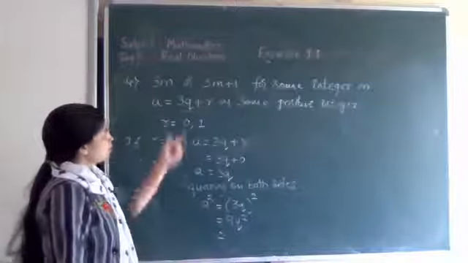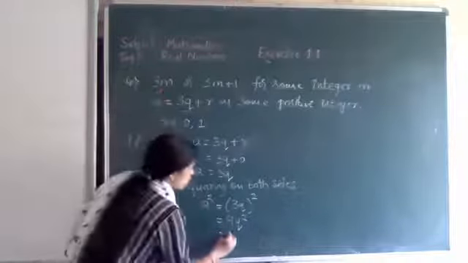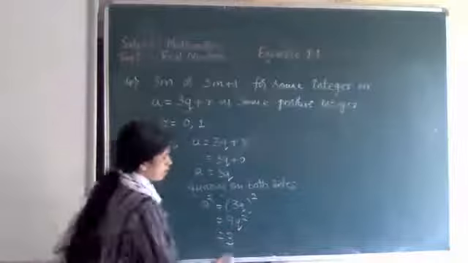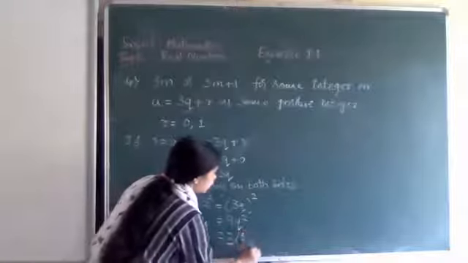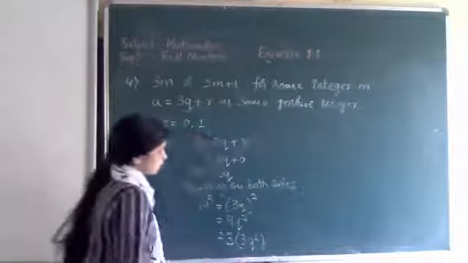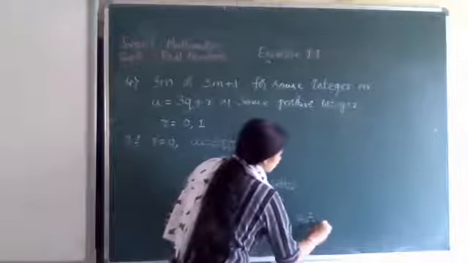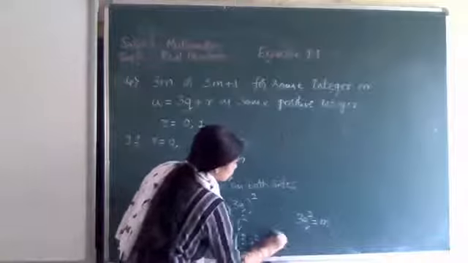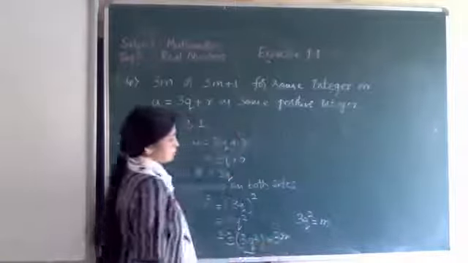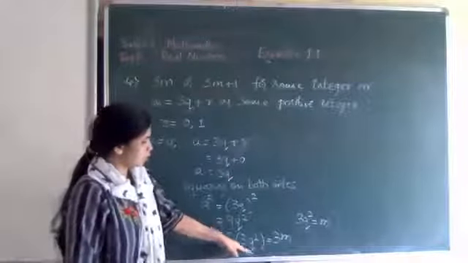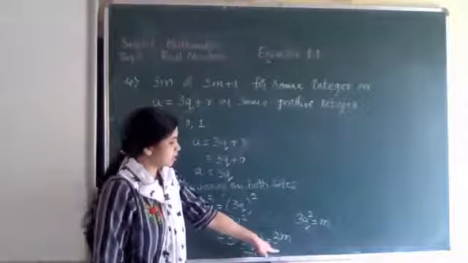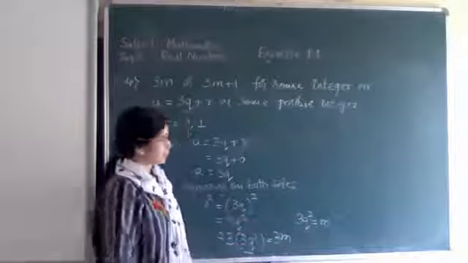We have to write it in the form of 3m, so take 3 outside. We are left with 3q square. This 3q square we write as m. Then this is equal to 3m.